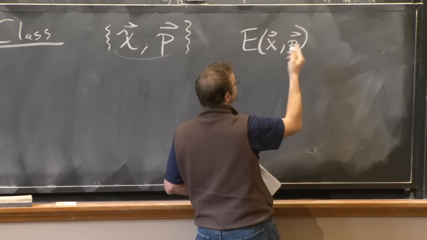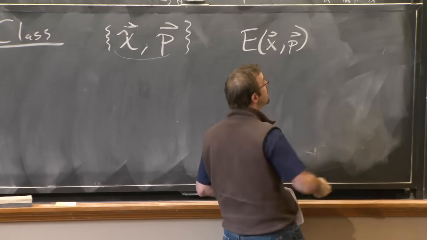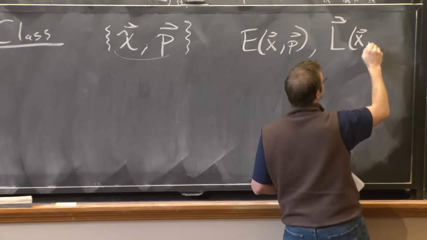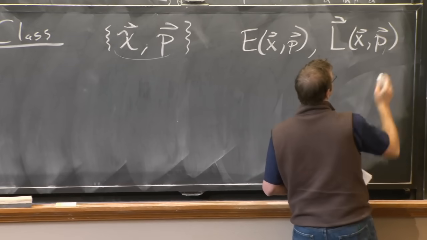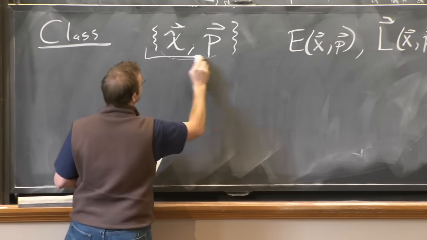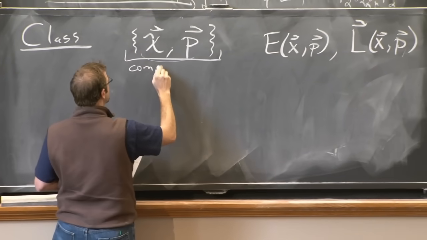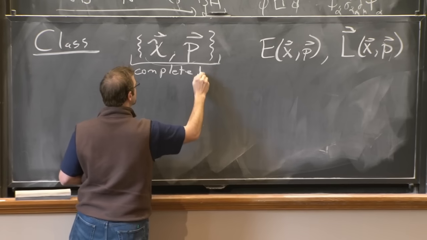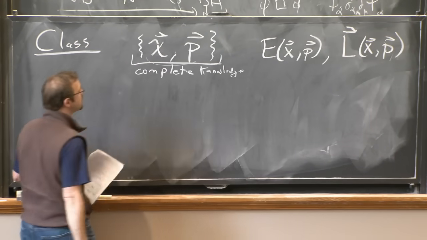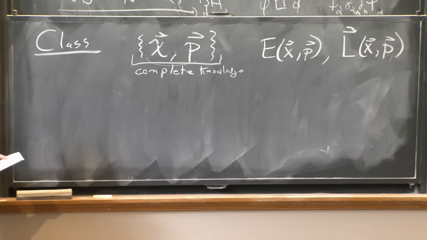And if you know the position and the momentum, you can unambiguously calculate the energy. Similarly, the angular momentum, which is a vector, you can calculate it if you know x and p, which is just r cross p. Okay? So this gives you complete knowledge of the system. There's nothing more to know if you know that data.